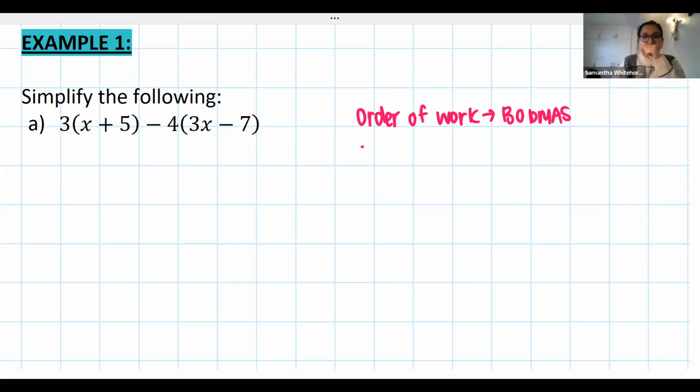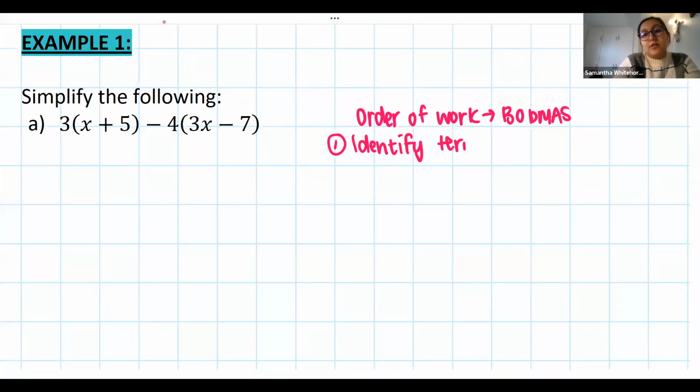Okay, so if we go and have a look at our expression, we've got 3 times x plus 5 in the bracket, minus 4 times 3x minus 7. So guys, remember the very first thing that we always do is we identify what terms we are working with.